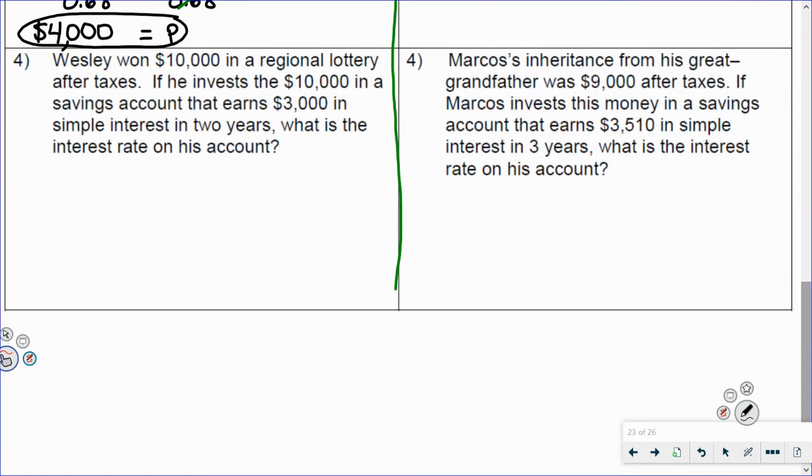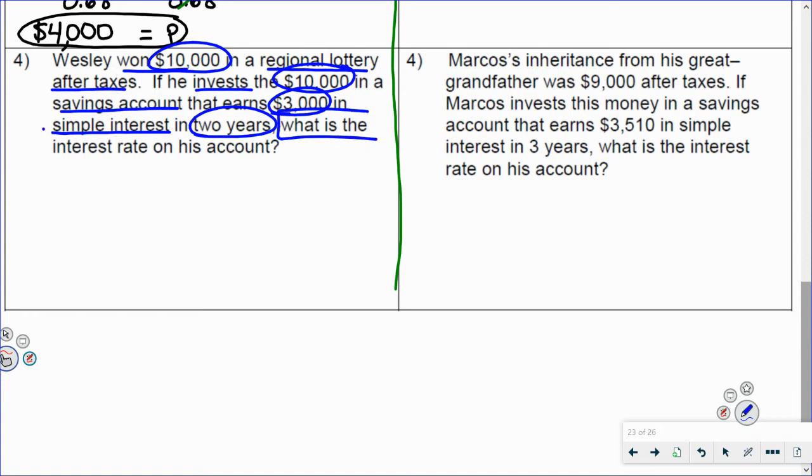Last one, ladies and gents. Wesley won $10,000 in a lottery after taxes. Invest the $10,000. Okay, so that's the initial investment. Savings account, $3,000 in simple interest in 2 years. The question is asking, what is the interest rate?